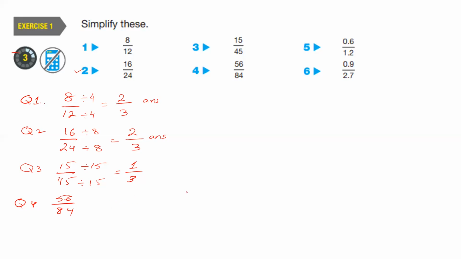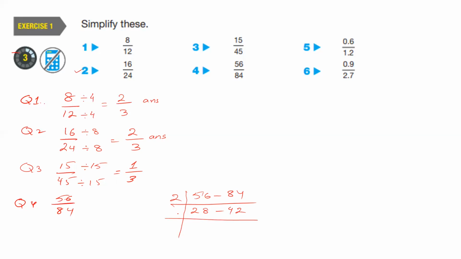We put 56 and 84 together, and we divide both numbers by 2. That gives 28 and 42.